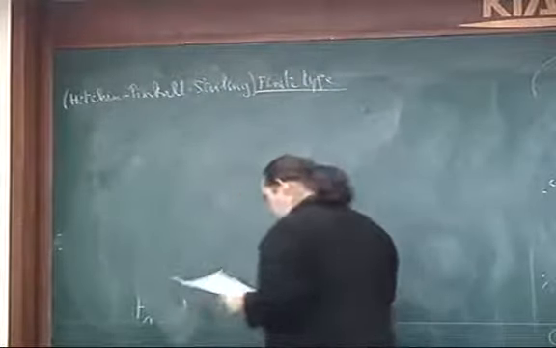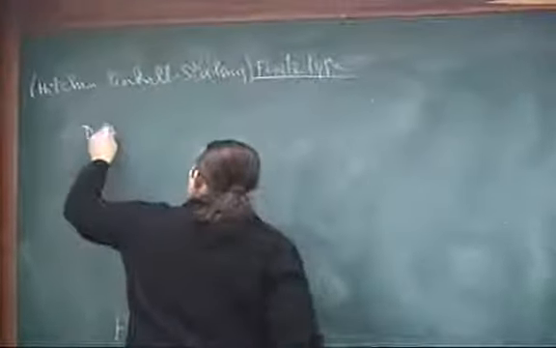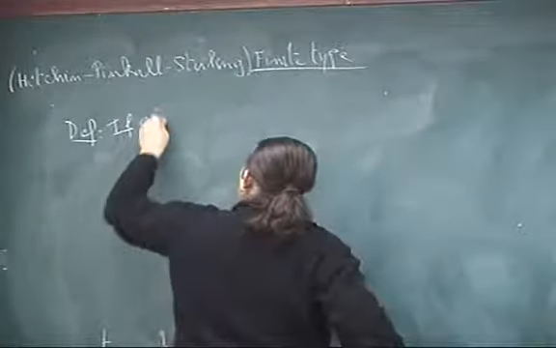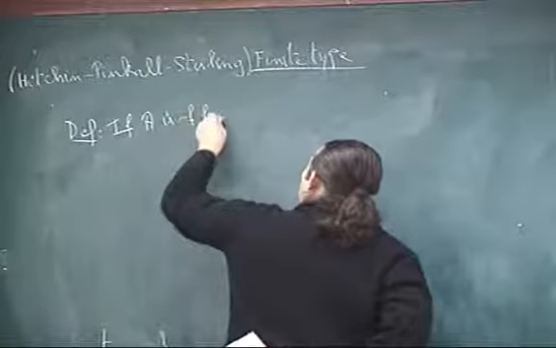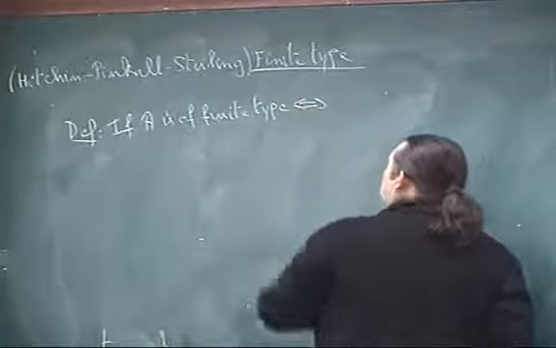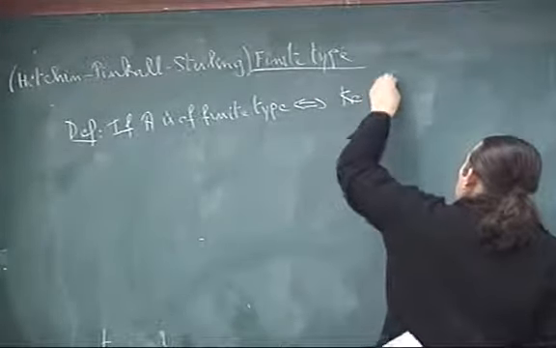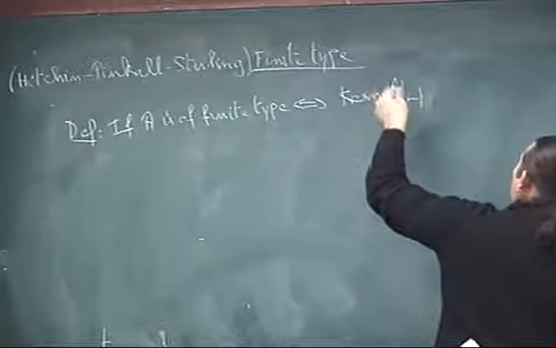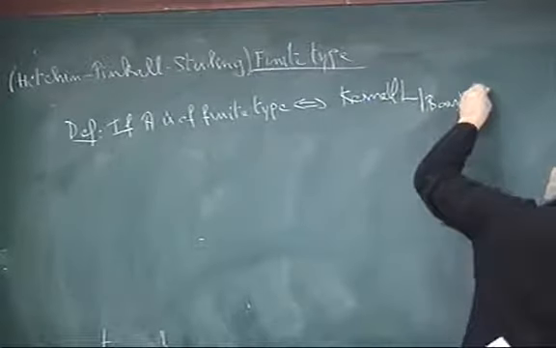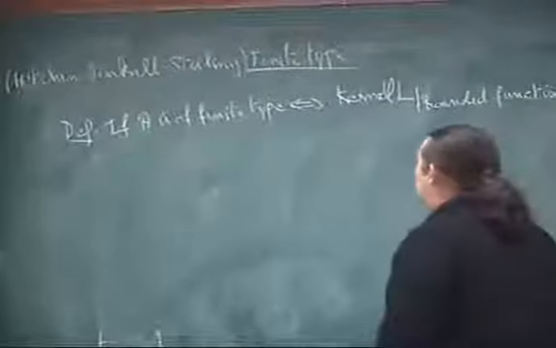The easiest definition is: if an object is of finite type, then the kernel of the Jacobi operator on bounded functions has finite dimension.